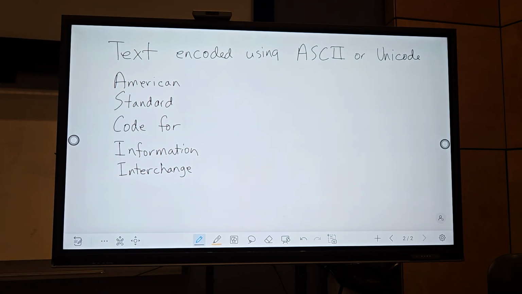That was the first standard encoding of text into binary numbers that was widely used.